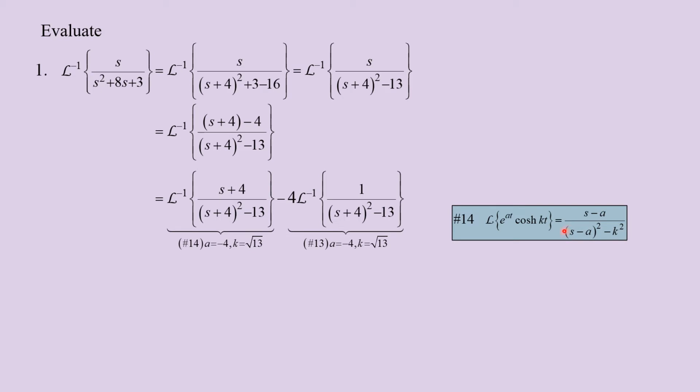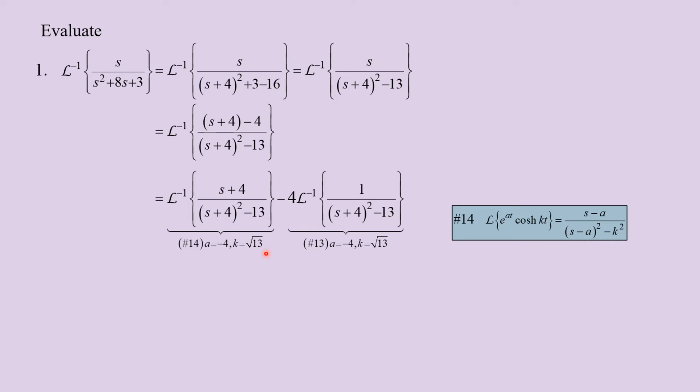When you compare these two, we find out that s − a equals s + 4, so a is negative 4. And k² is 13, that means k must be the square root of 13.